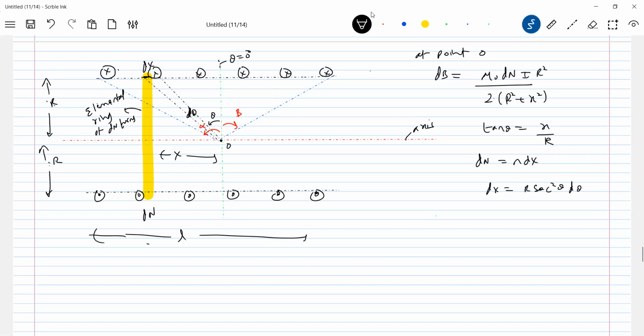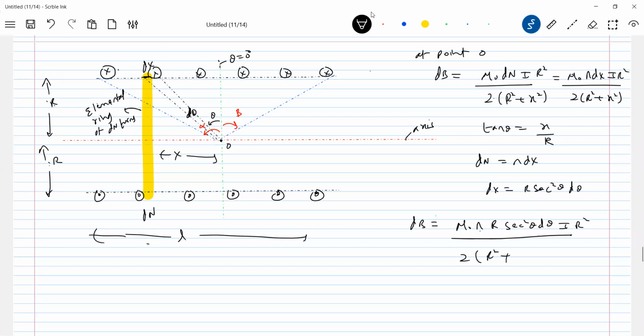Let me substitute all this. dB is equal to mu naught n dx I R squared by 2 (R squared plus x squared). Substitute all the values now. Mu naught, number of turns per unit length n, into dx which is R secant squared theta d theta, I R squared, by 2 R squared, R squared tan squared theta to the power of 3 by 2, no? It is.